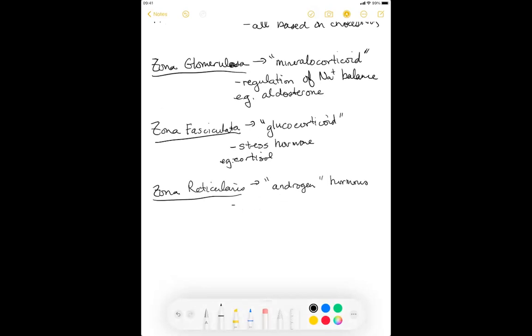These are for secondary sexual characteristics. So some examples of these, which you probably already know, are things like testosterone, estrogen, progesterone.